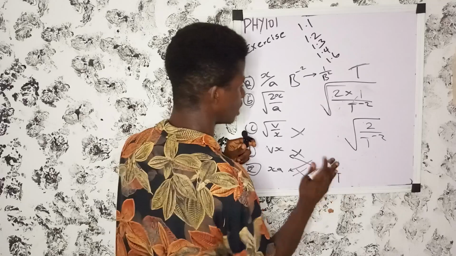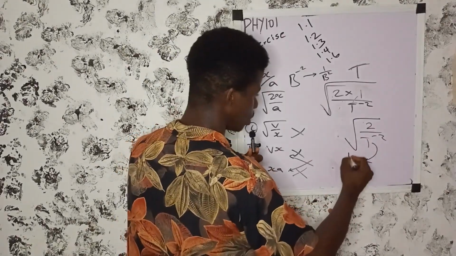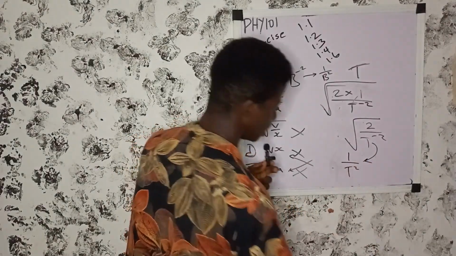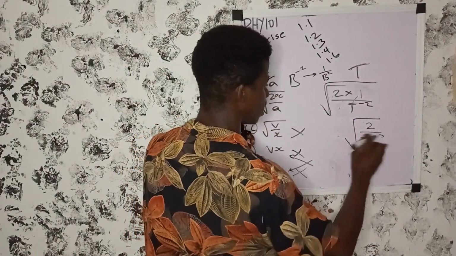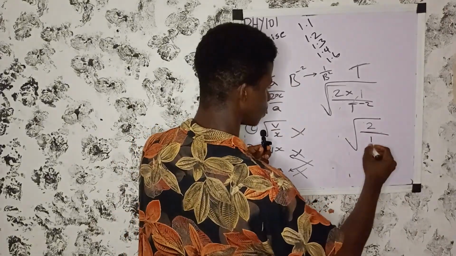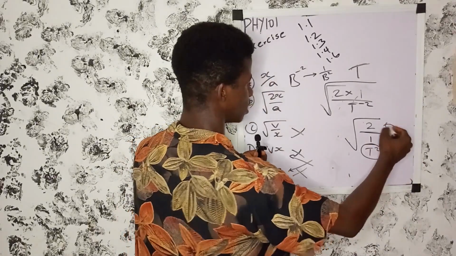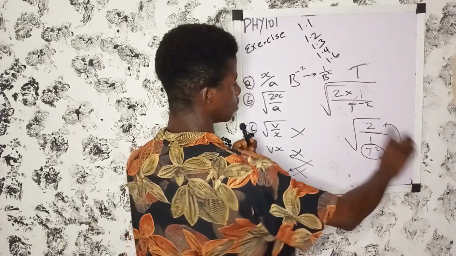Now, t raised to the power minus 2 will be the same as 1 over t square. So if I put 1 over t square here, this t will come up here. I don't know if you understand. This t will come up here.